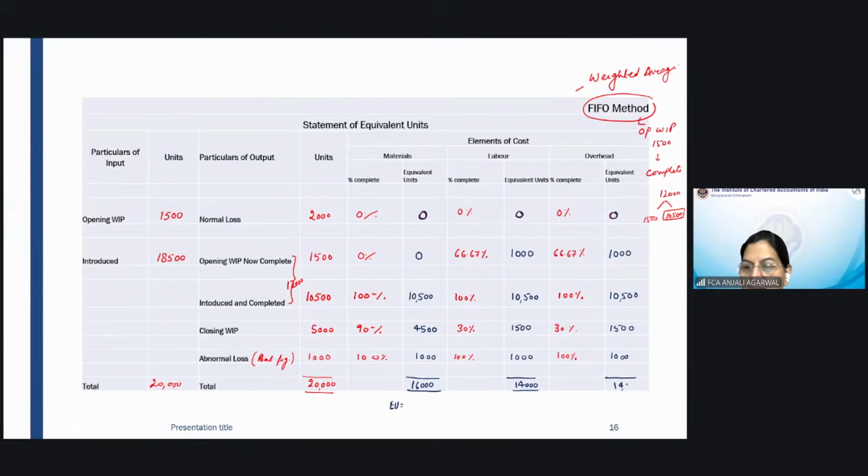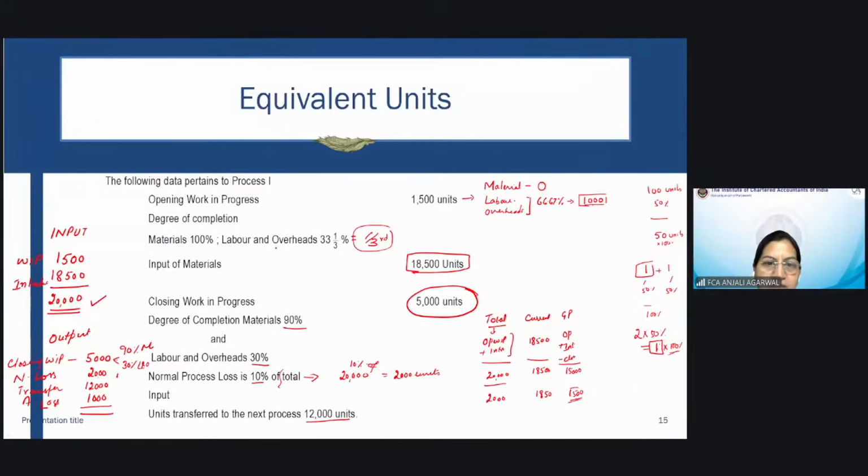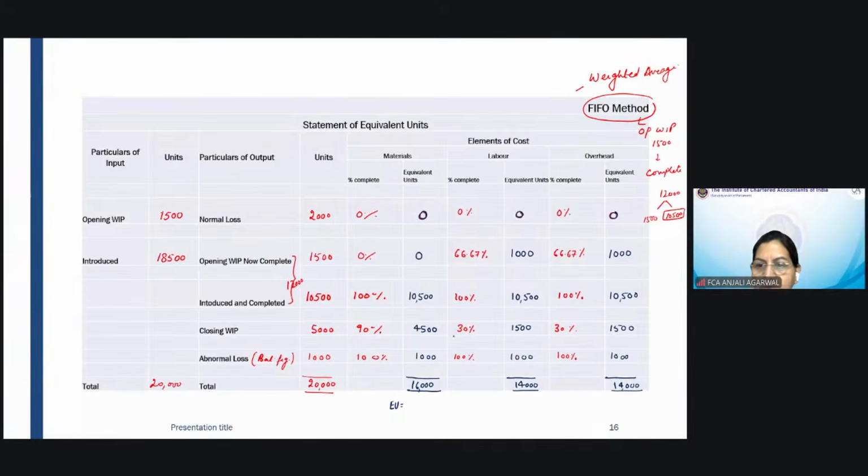A piece of advice here, if you are in an examination and short of time: we see one pattern here, that the labor and overheads percentage was the same for opening WIP, for closing WIP, and for abnormal loss, no different percentage is given. So we have assumed that also as 100%, same for labor and overheads. 100, 100, 30, 30, 66, 66.67.